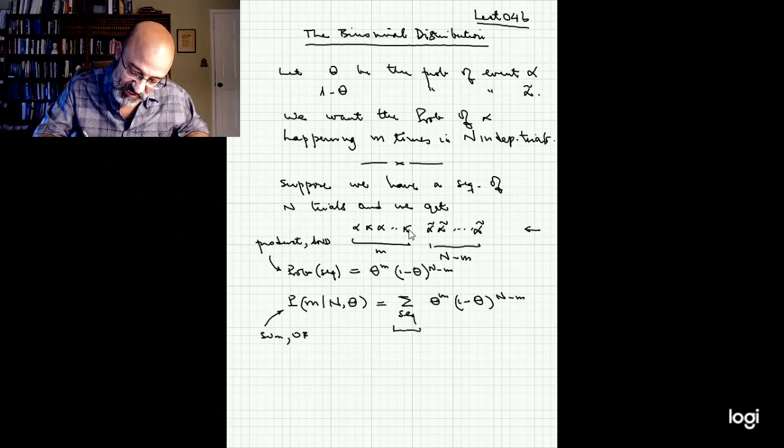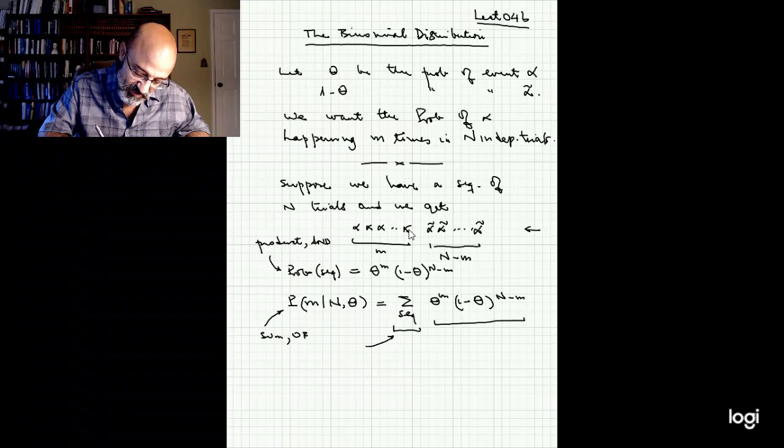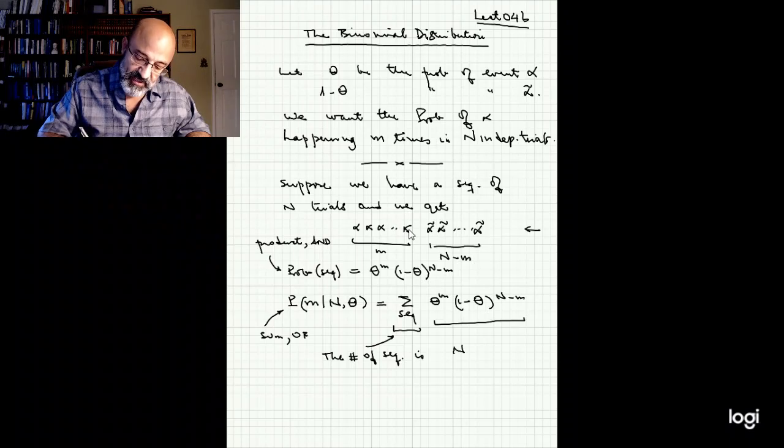Obviously it's the same probability for every one. The number of sequences is the number of permutations of capital N elements taken m by m.